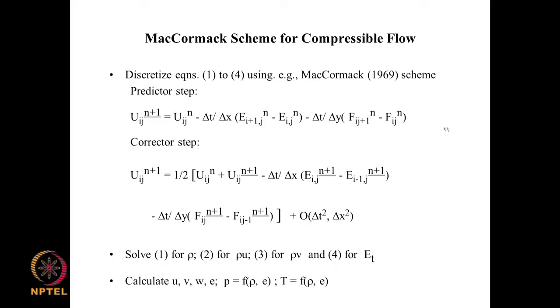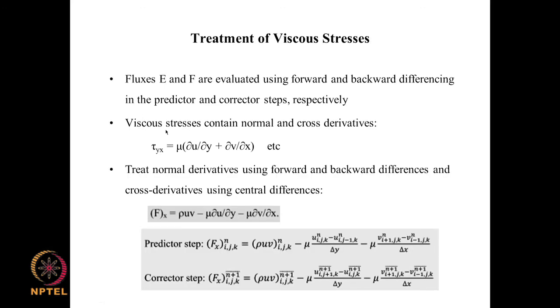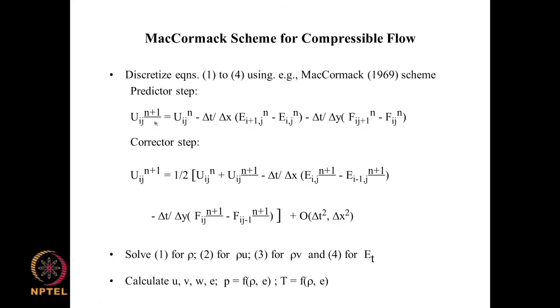Because it is a two dimensional problem, we write u_ij^(n+1 bar) is u_ij^n minus delta t by delta x times (E_(i+1,j)^n minus E_(i-1,j)^n)... divided by delta x, and (F_(i,j+1) minus F_(i,j)) divided by delta y.